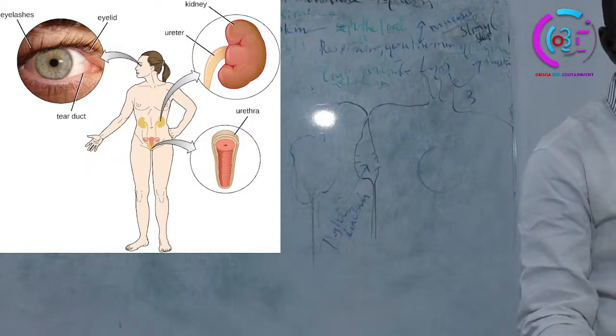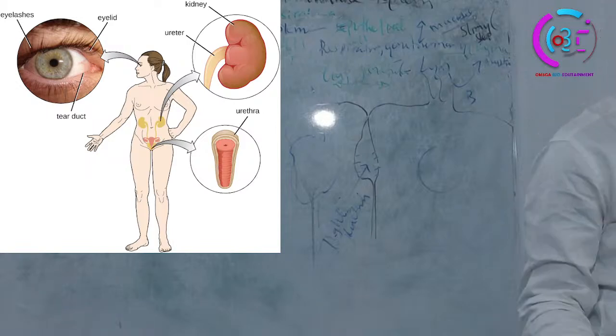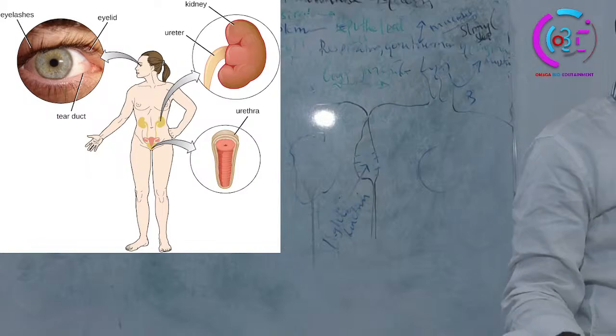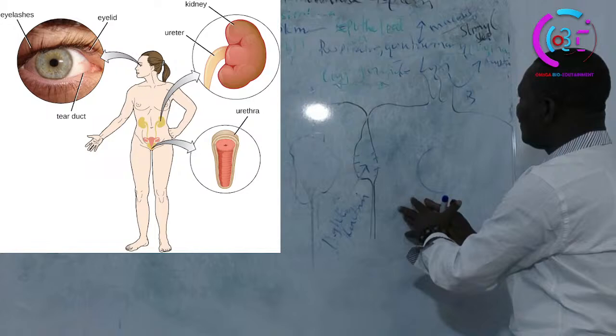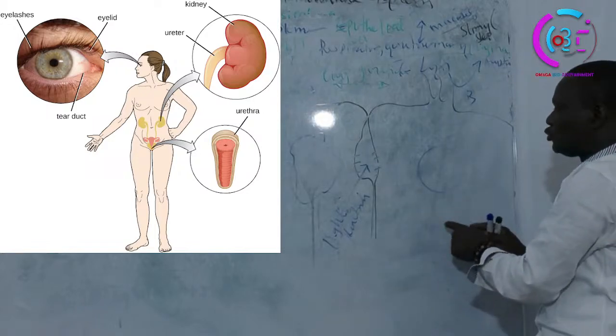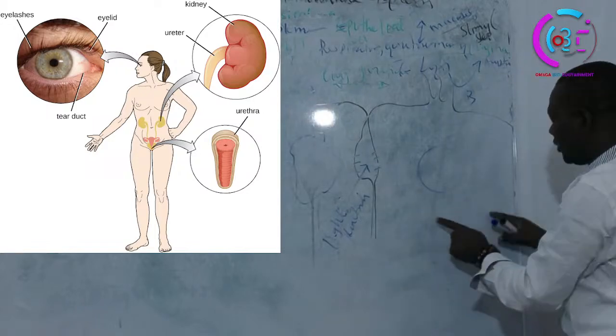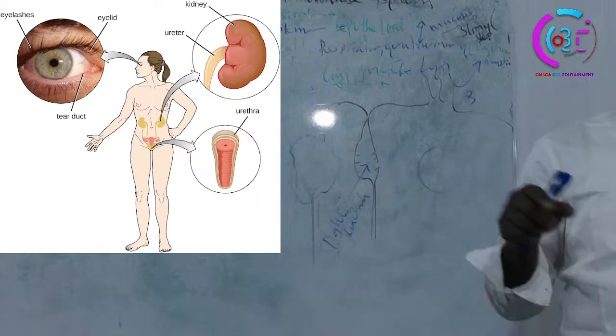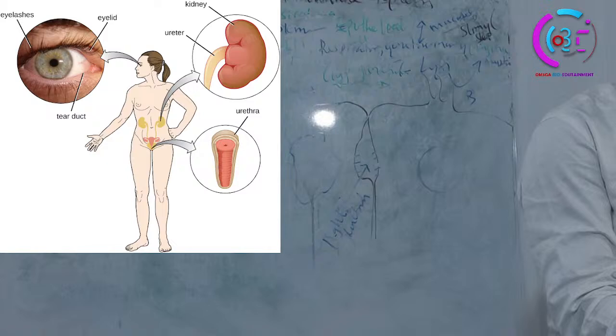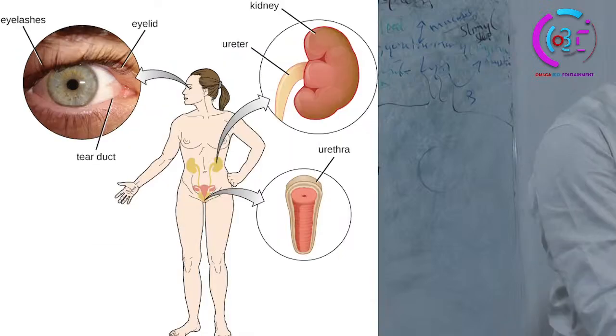And don't forget that I said the innate immune system has the ability to collaborate with the adaptive part of the host defense mechanism.